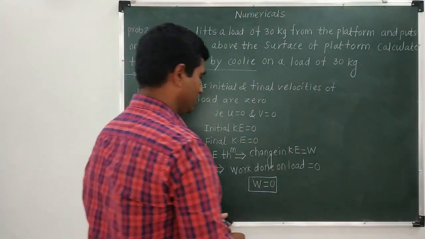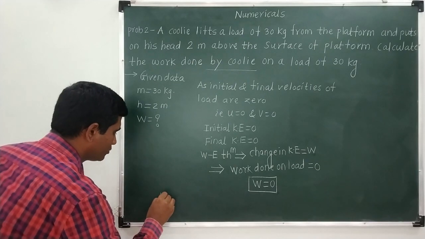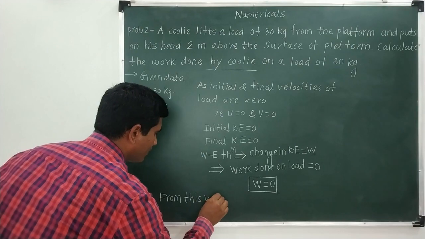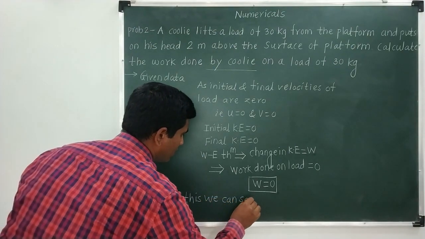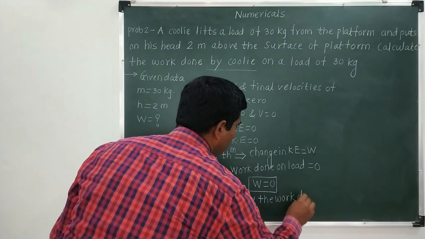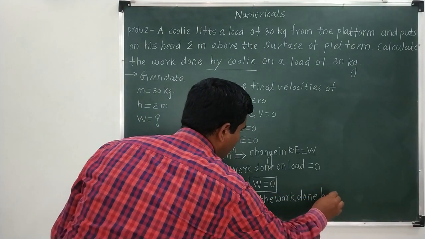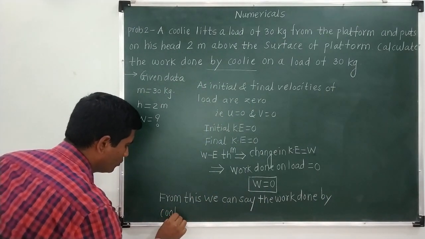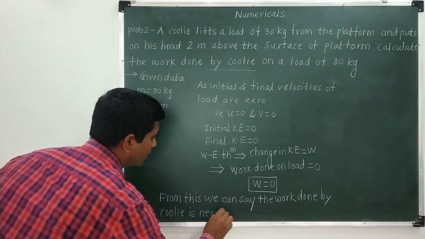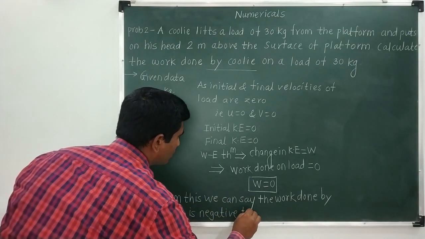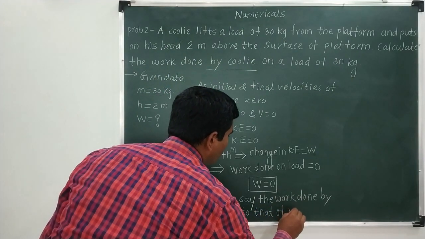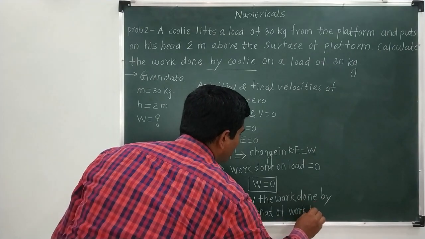From this we can say the work done by pulley is negative to that of the work done by gravity.